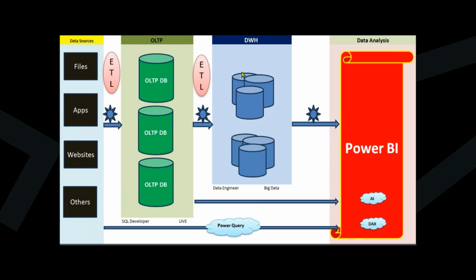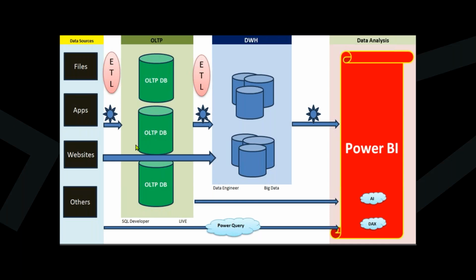In few cases, we need to directly get the data to warehouse. I repeat again, from tomorrow, we need to bring the data from, number 1, left side data source to OLTP environment.